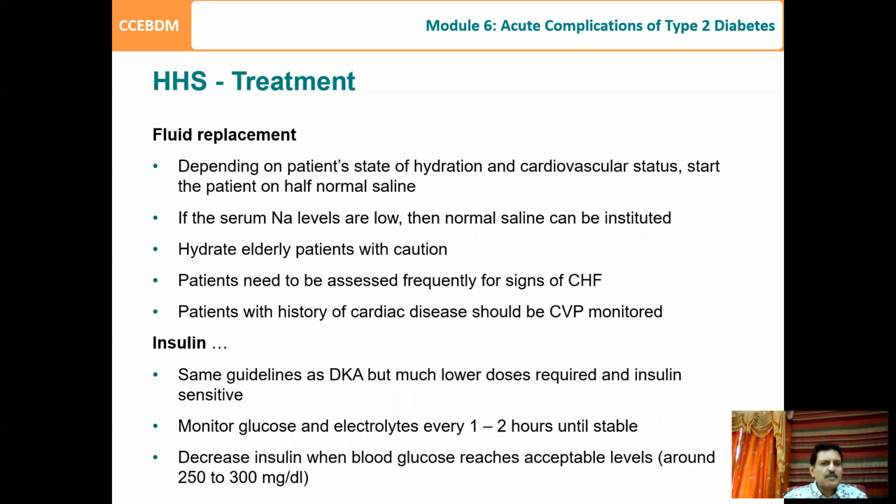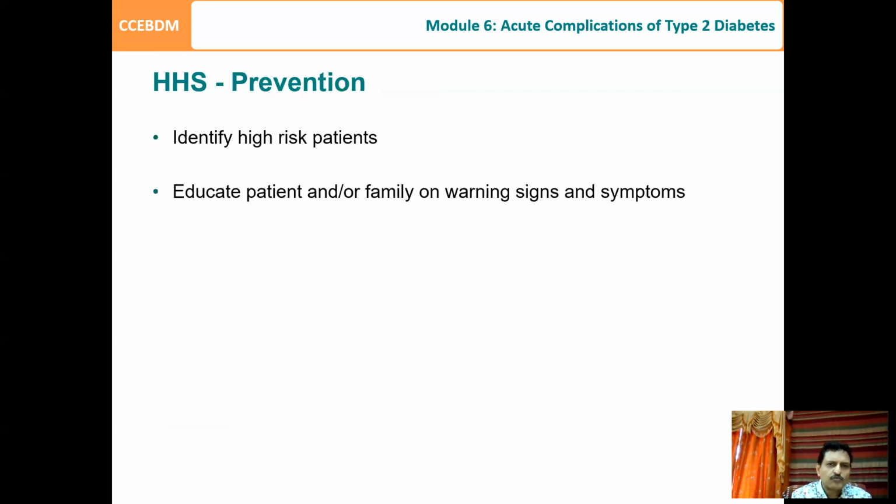For insulin, it is the same as in DKA, but we can give a much lower dose, and if the patient is sensitive to the insulin, monitor the glucose and electrolytes every 1 to 2 hours until stable, and decrease the insulin when the blood glucose level reaches about 250 to 300. As we do that, we have to start the glucose infusion along with the insulin when the glucose value goes between 200 to 250 or 250 to 300.